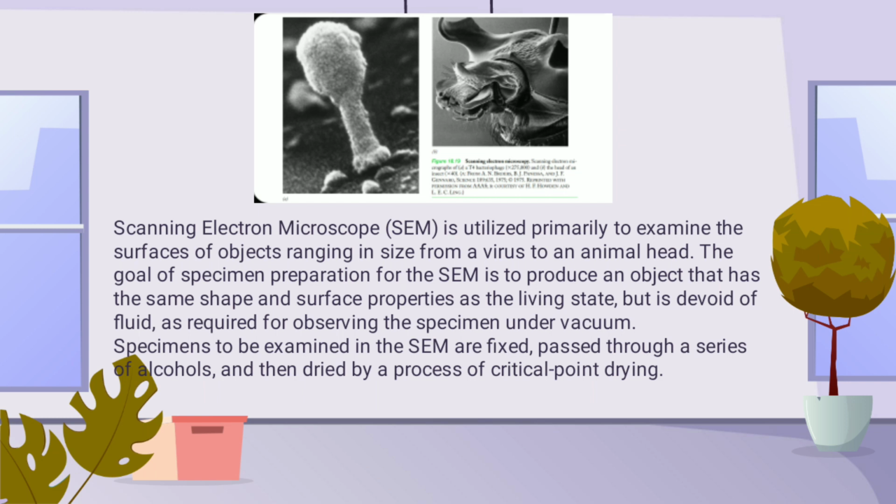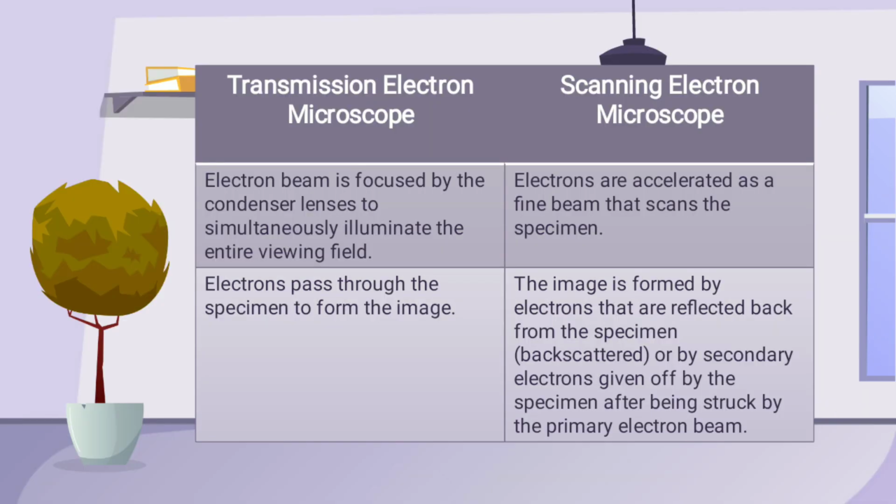Now, to clearly understand the difference between transmission electron microscope and scanning electron microscope, I've prepared here a diagram or an illustration. So we have here the difference between TEM and SEM.